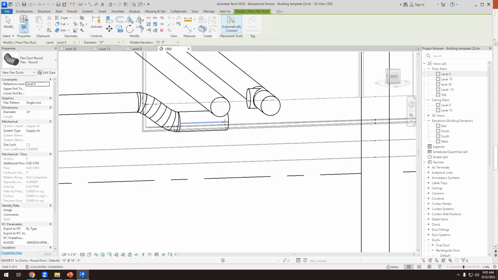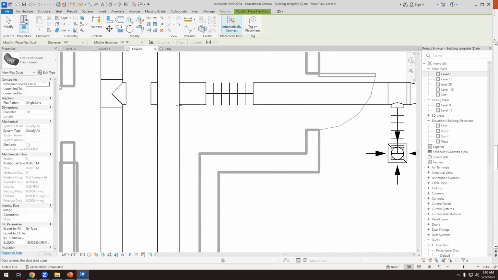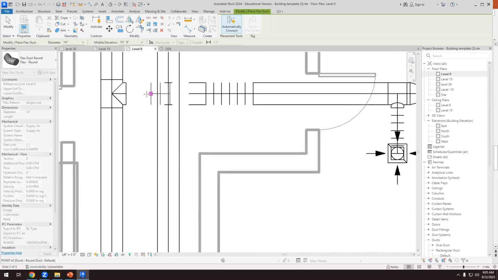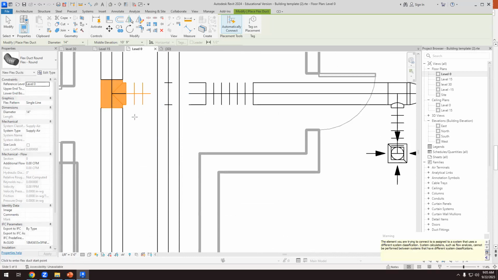Okay. So let's try to do the same thing here. I don't know if it's going to work. If I'm connecting these two through a flex duct, it doesn't work, because that's the problem with ducts. If we have two things that are close to each other, if we have a duct here and another duct here, I can't force the flex duct to do something like that.